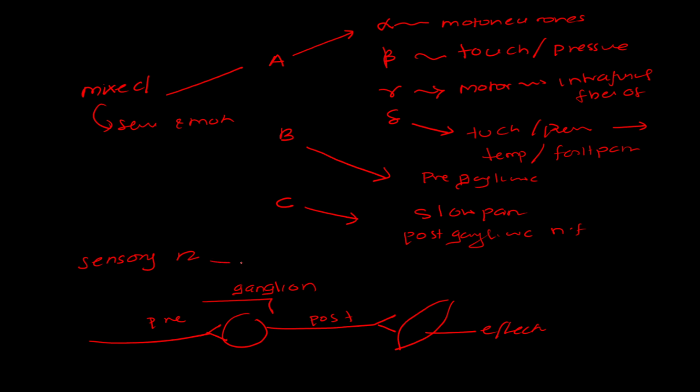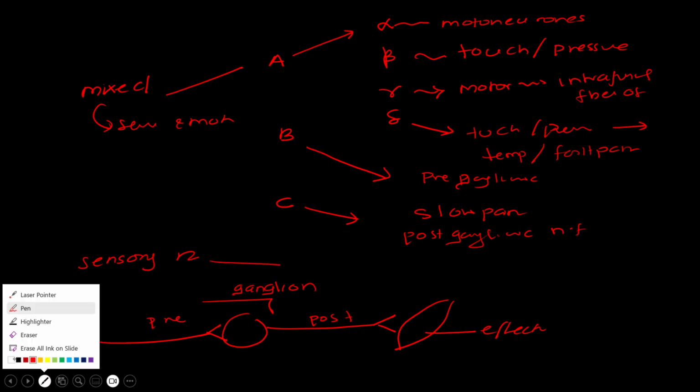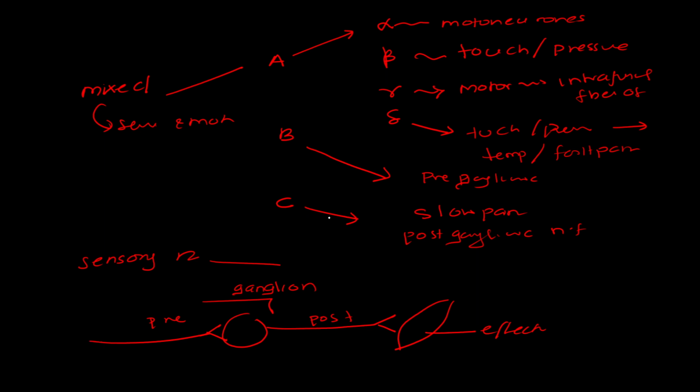Right. Then the sensory nerves are classified as well. They are given a number 1, 2, 3, and 4. Type 1 has 1A as well as 1B. 1A is a fiber which is involved in muscle spindle innervation.